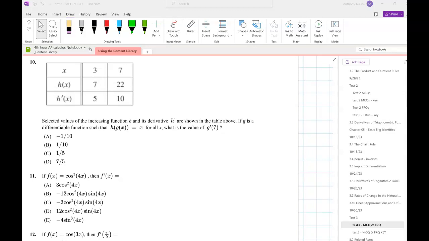What is g of h of 3? So if I have h of g of 3, what's that going to be? So what is g of h of 3 equal to?